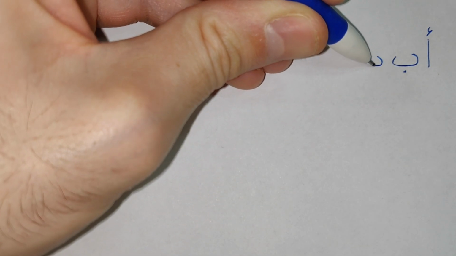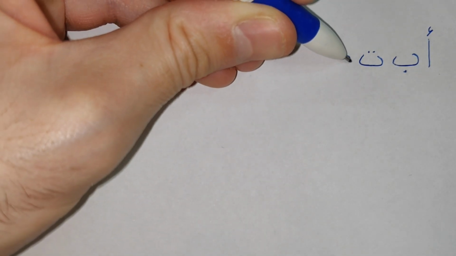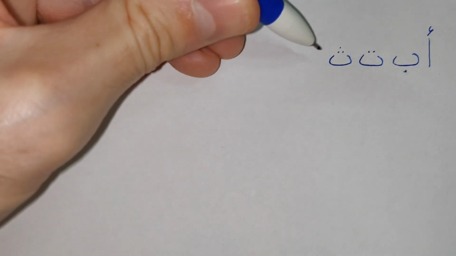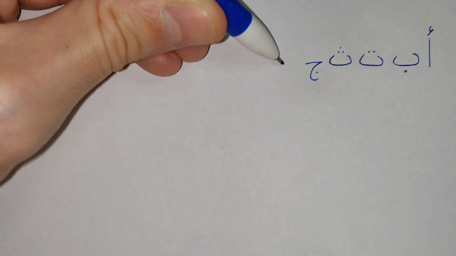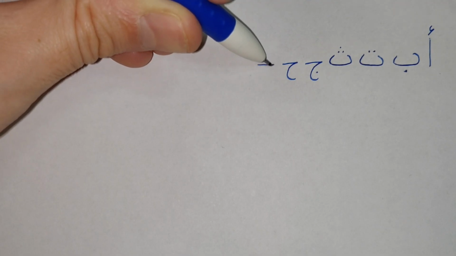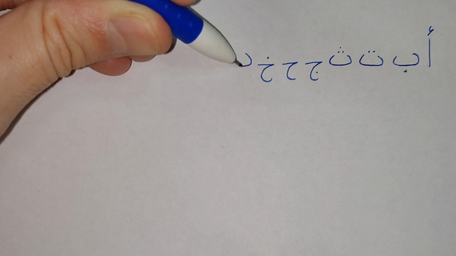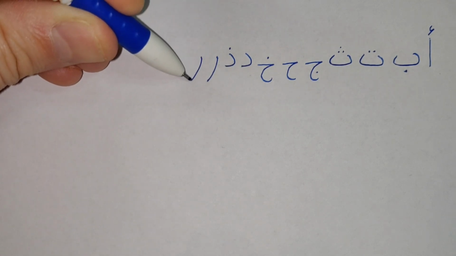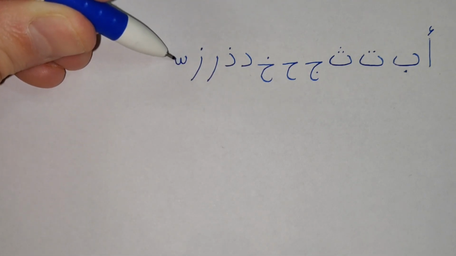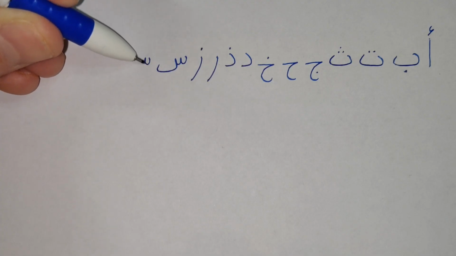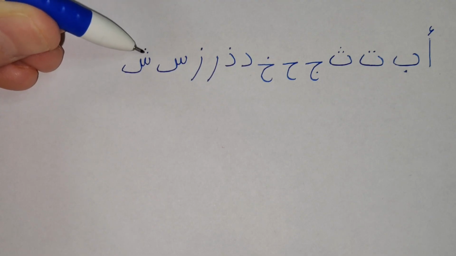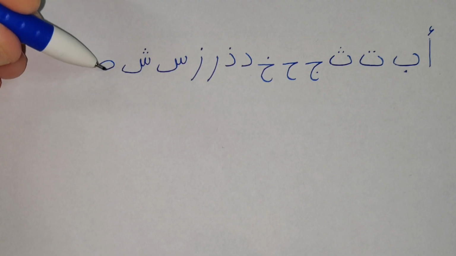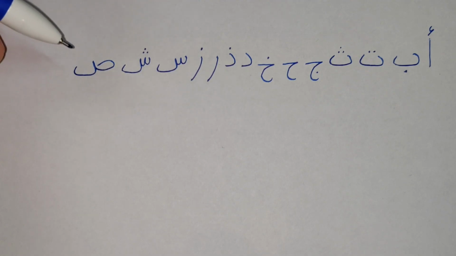Alif with a hamza, ba, ta, tha, jim, ha, kha, dal, dhal, ra, zain, sin, shin, sad, and dad.